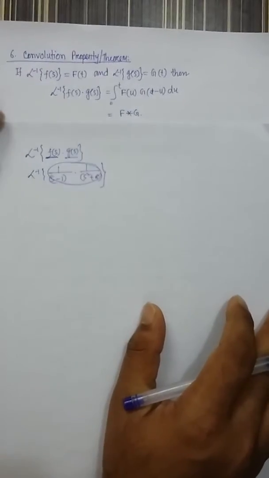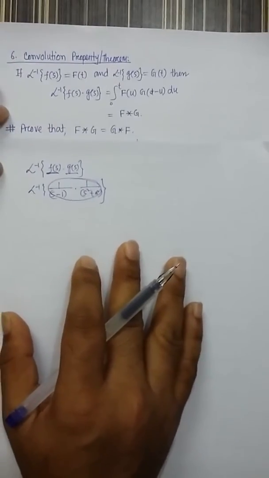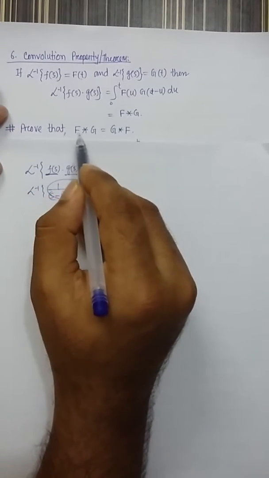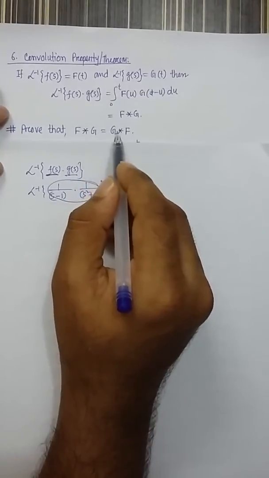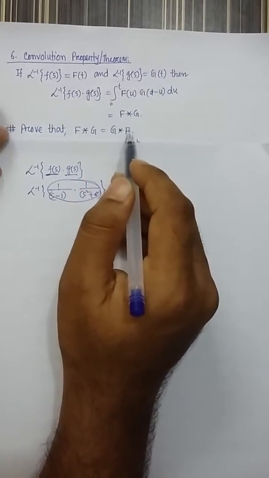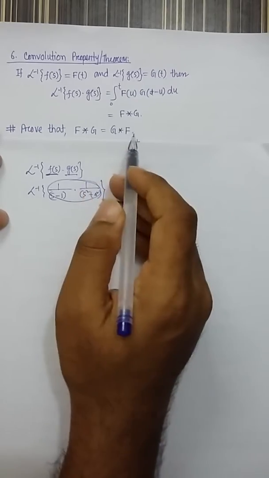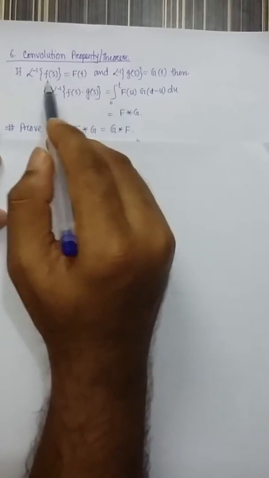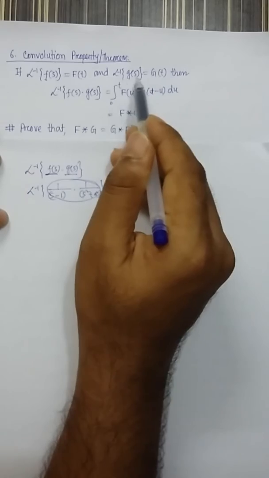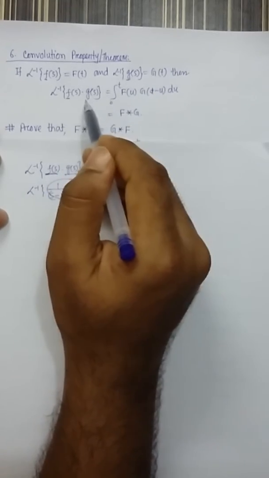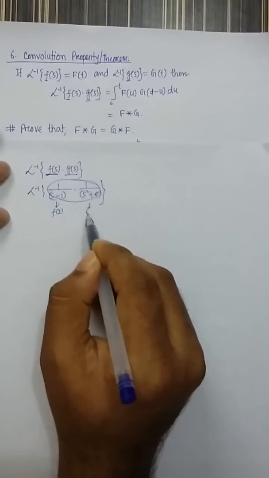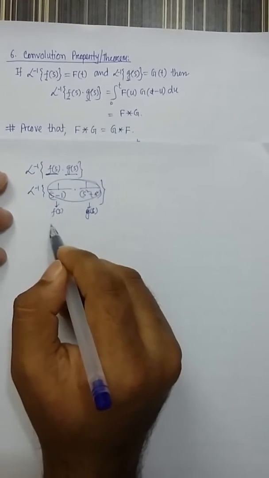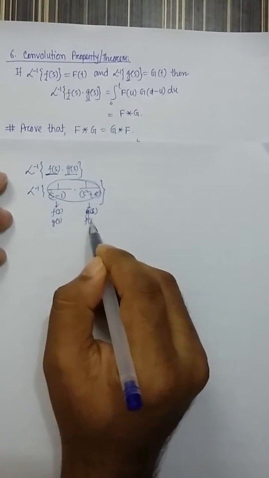Now we will prove that f star g equals g star f, that means the convolution of f and g and the convolution of g and f will be the same. It has another meaning: we can choose this as f of s and this as g of s, or we can choose this as g of s and this as f of s.